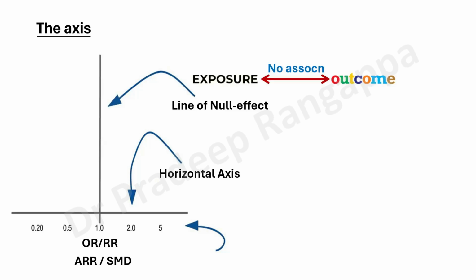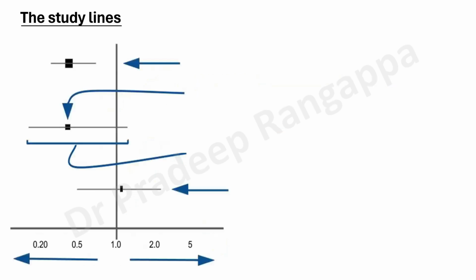The line of null effect, which I will talk about in a little more detail, tells you whether there is an association or no association between the exposure and the outcome, or whether there is no difference between two interventions. The line of null effect is 1 for odds ratio or relative risk, and it is 0 for absolute risk reduction or standardized mean difference.